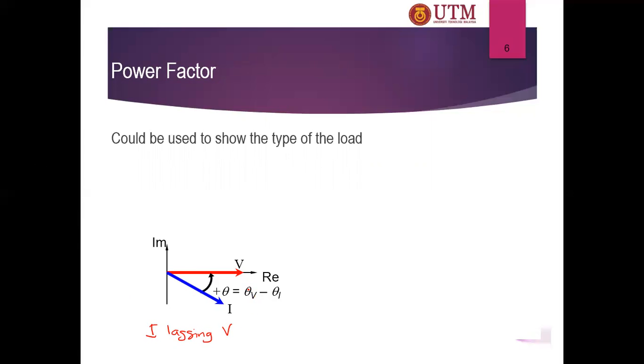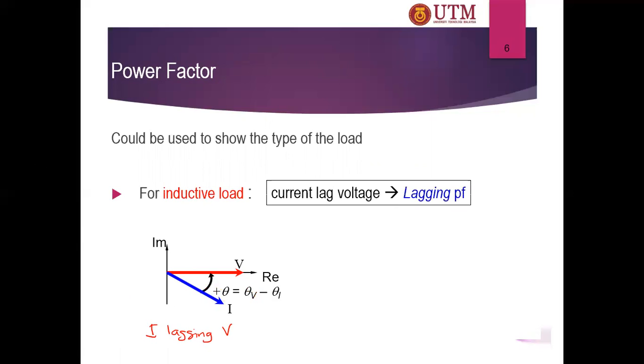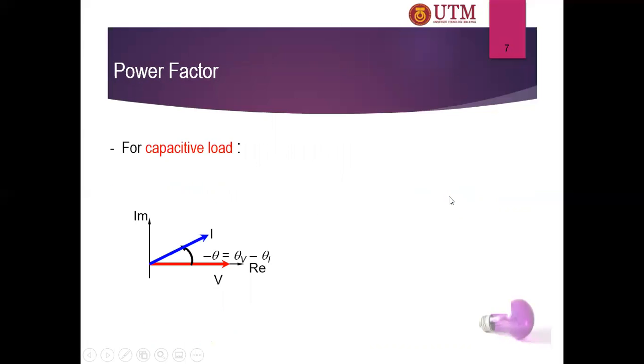So the phase difference, theta v minus theta i, should be positive, meaning that it is an inductive load. It shows us that the circuit is an inductive load, and this type of load will produce what we call the lagging power factor.